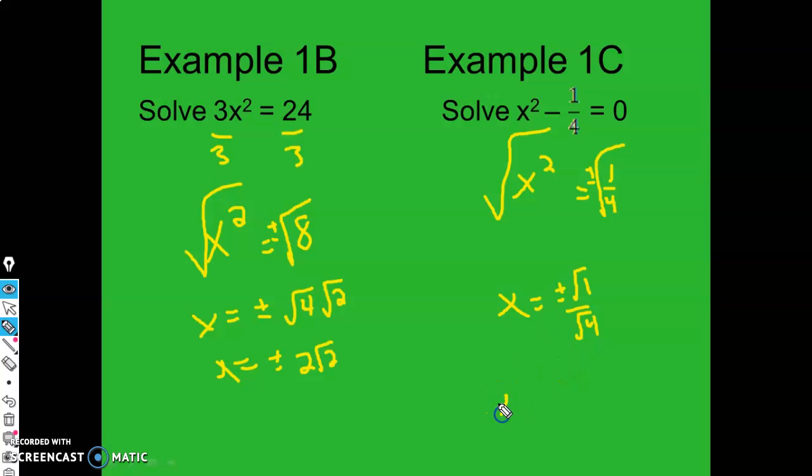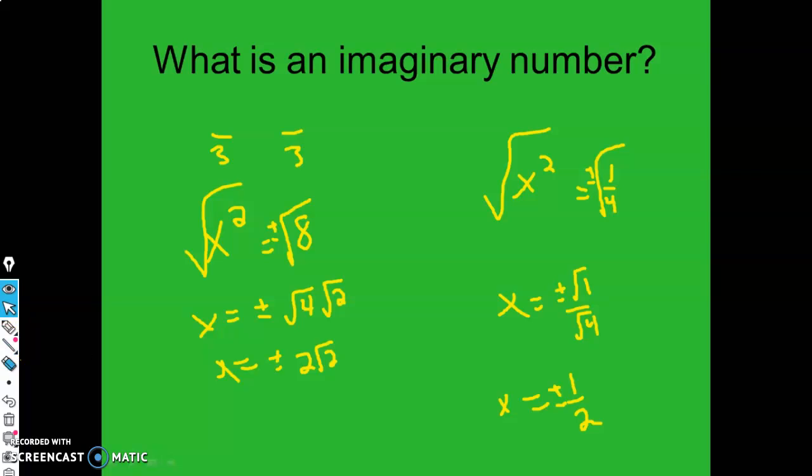So plus or minus the square root of 1 is 1, and plus or minus the square root of 4 is 2. So this is just plus or minus a half in the end. Sorry, that doesn't look super neat there. Okay, so not so bad so far.